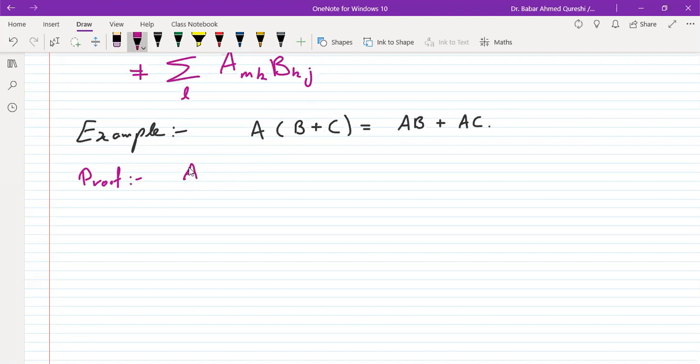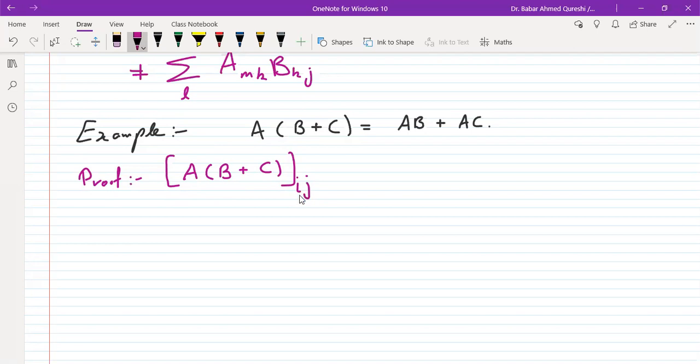This is a matrix, this is a matrix. I'm looking at the matrix product of this. I'm looking at whatever matrix I get by doing this operation, what is its ith, jth component.